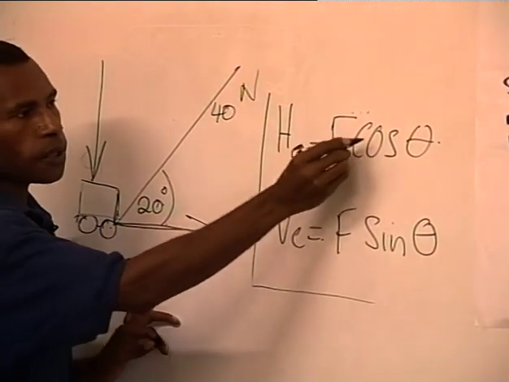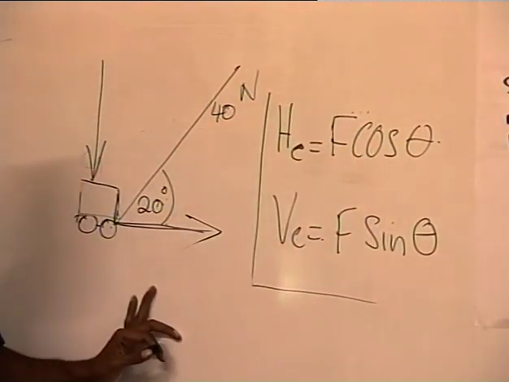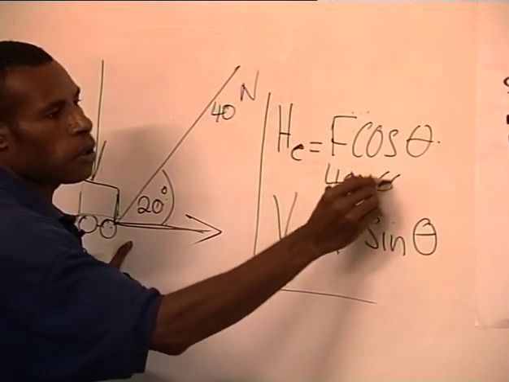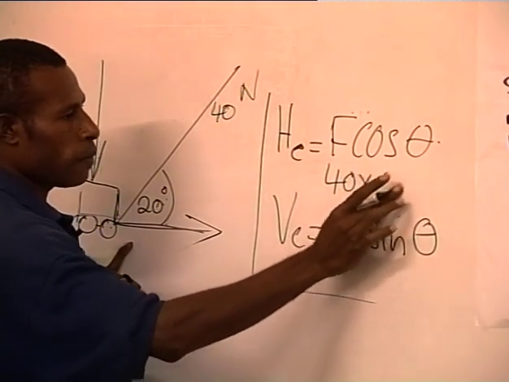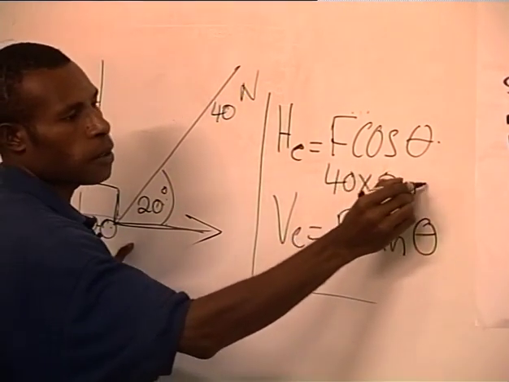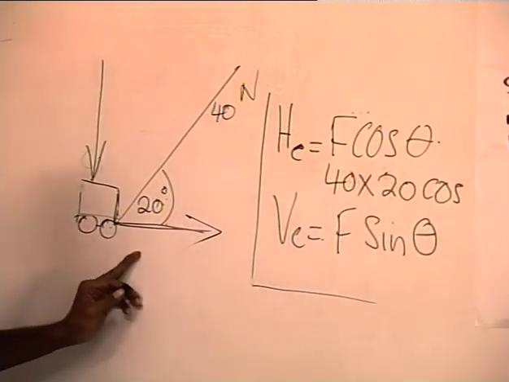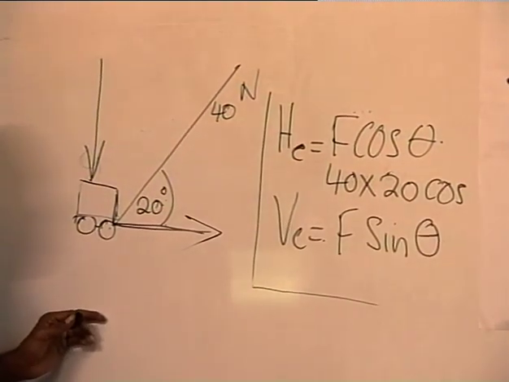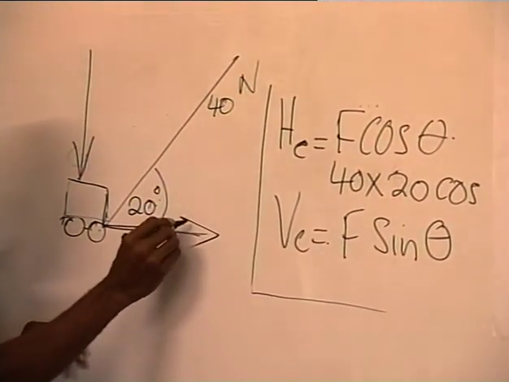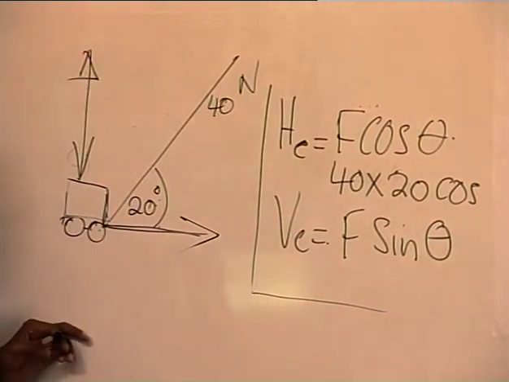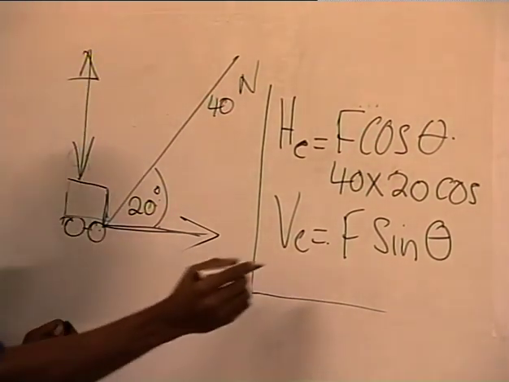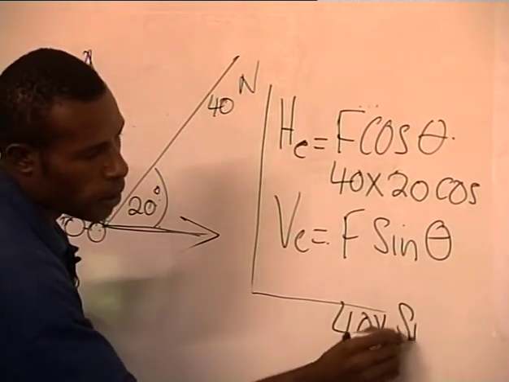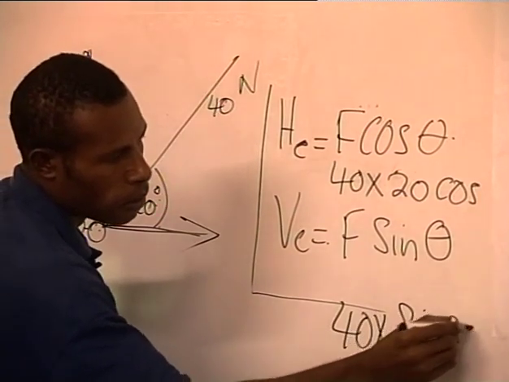So the first one is force times cosine of this angle, which is 40 times cosine of that 20. And if you have to calculate the force that is acting downwards, you can use 40 times sine 20.